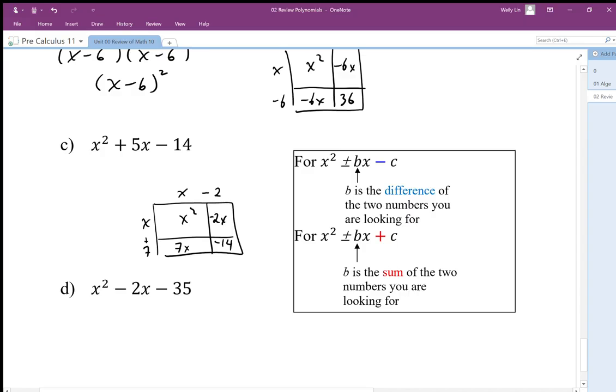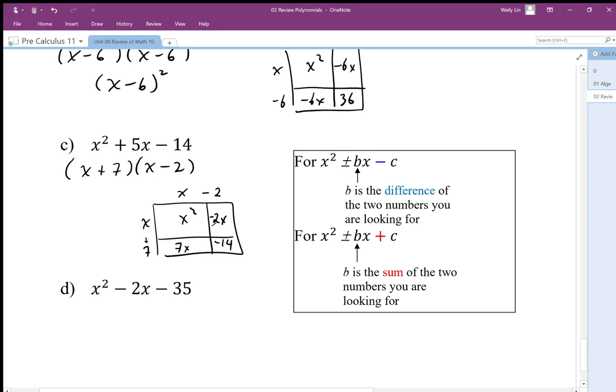And when I combine these two together, it has to add to the 5x. So the difference in these two absolute value terms of 2 and 7 is going to give me the 5, and that gives me the split. What really is important is, in fact, the split.